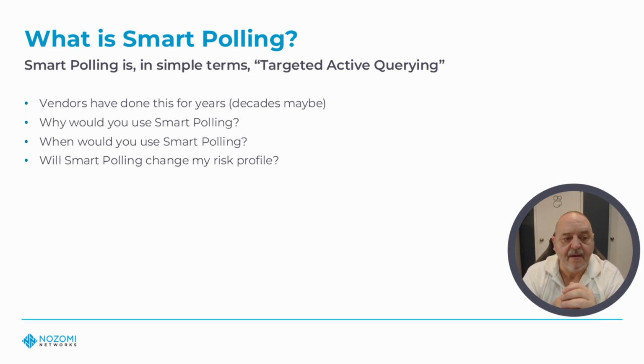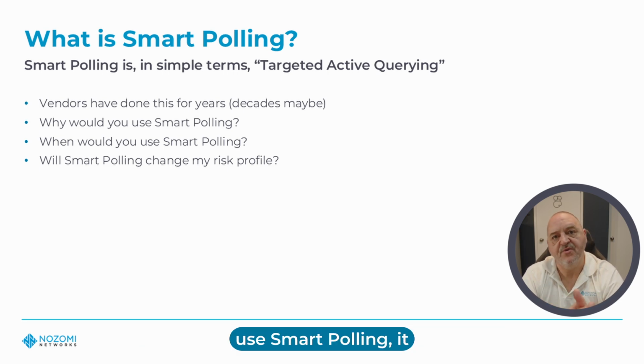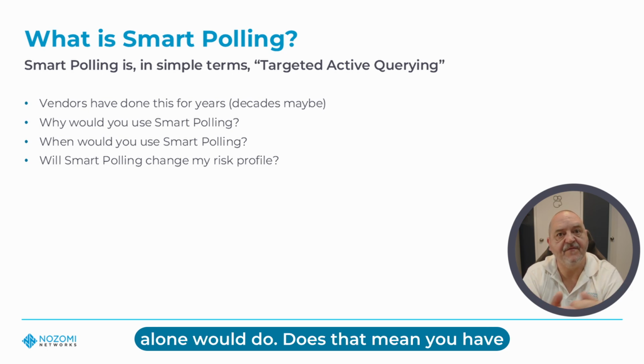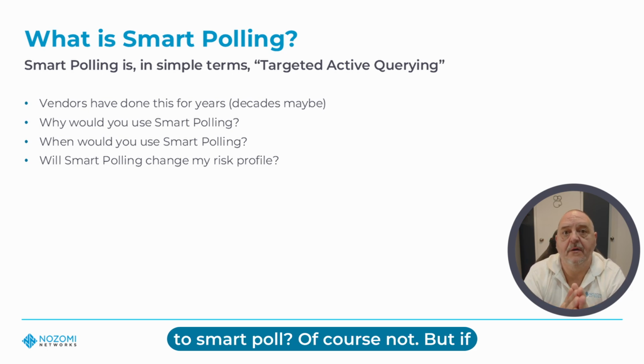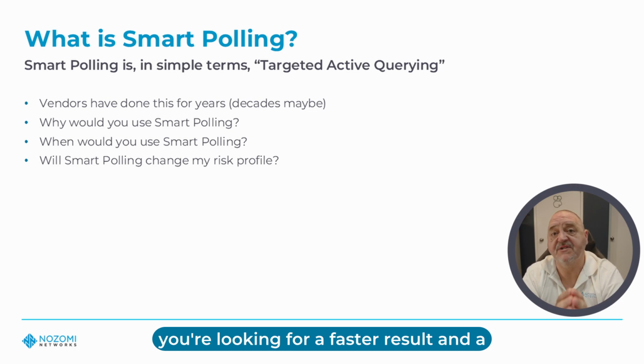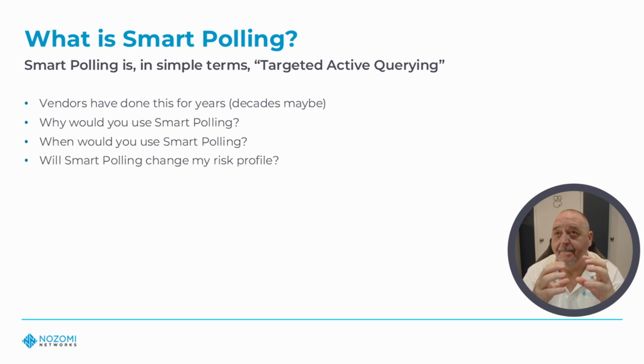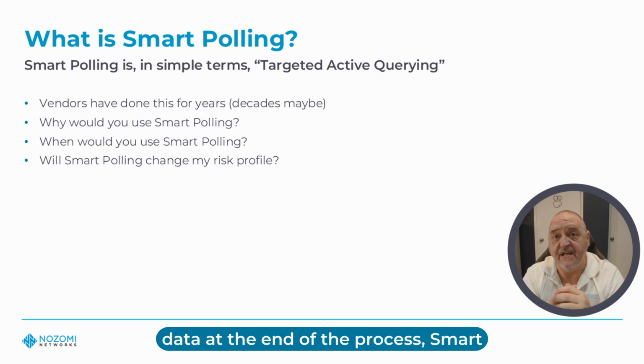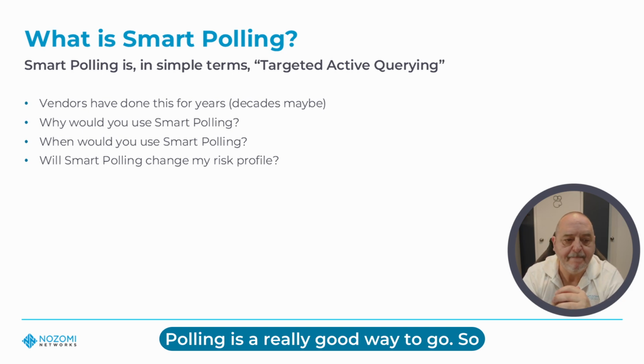When you start looking at why you might use smart polling, it will give you faster and more accurate results than passive alone would. Does that mean you have to smart poll? Of course not. But if you're looking for a faster result, more granularity and a better quality of data at the end of the process, smart polling is a really good way to go.